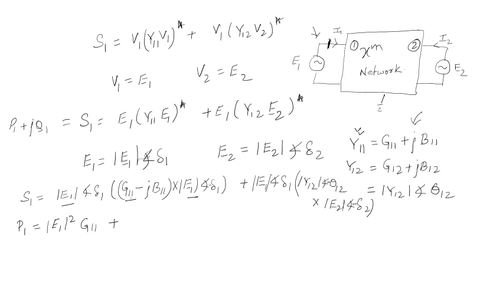Now from here, if you check the real term, you'll get mod E1, mod E2, mod Y12, cos of delta 1 minus delta 2 minus theta 12. So this is the one term you will get from this.